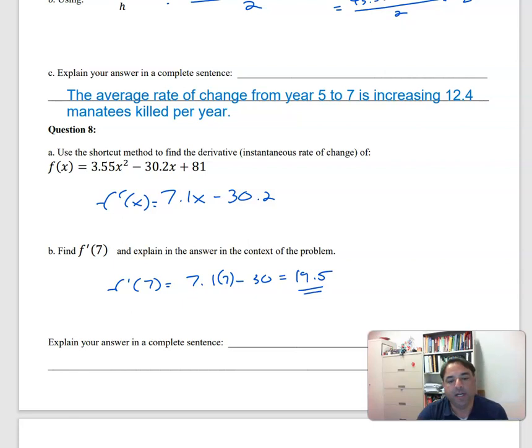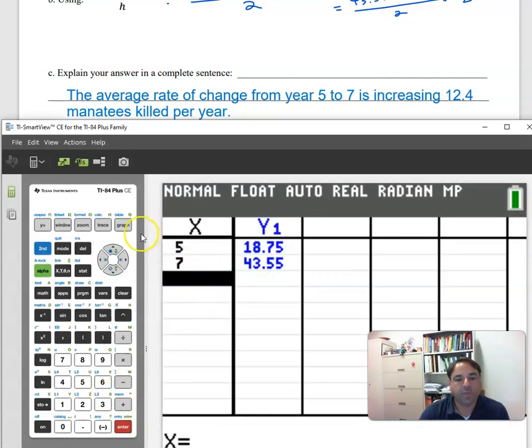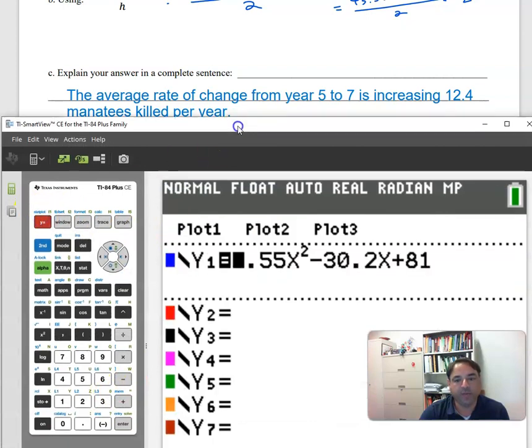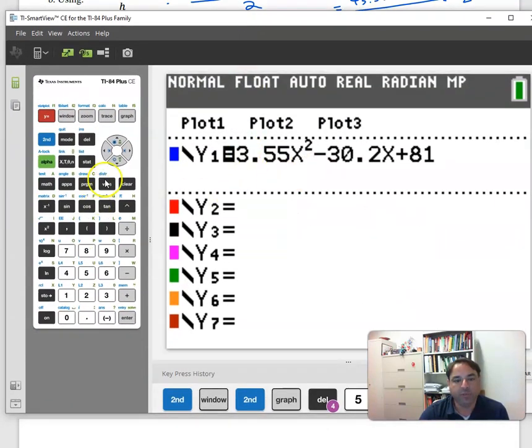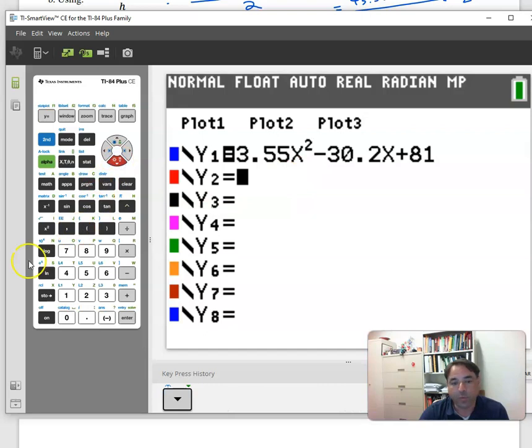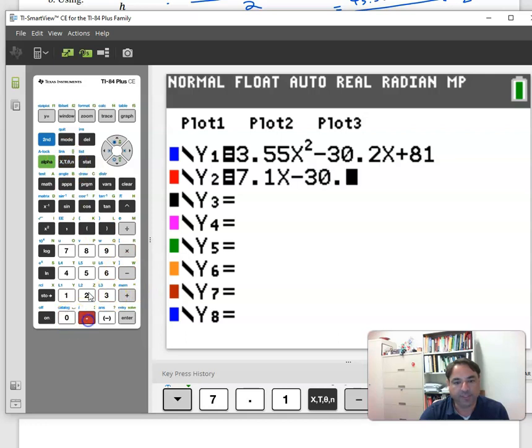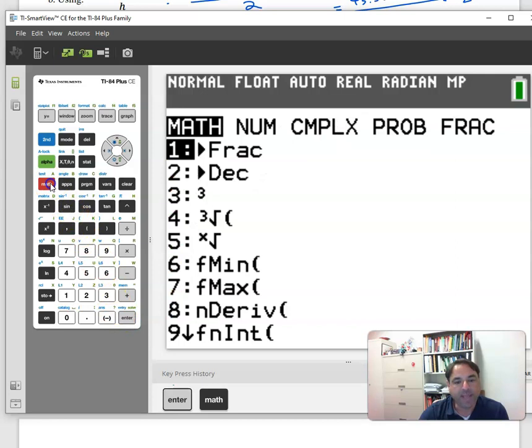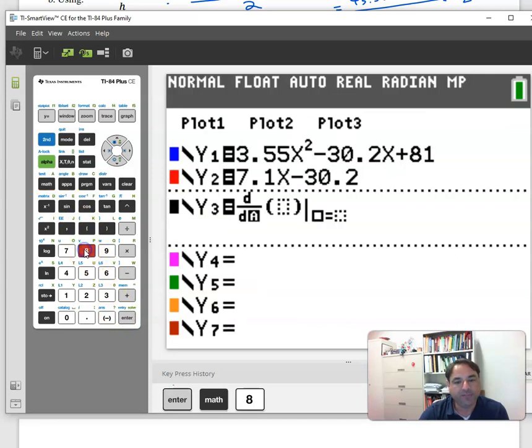So before we put it in, let's check it. The way to check it would be to go to your calculator, go to y equals. We have the original in y1. We have our derivative in y2, which is 7.1x minus 30.2. And then we can check that derivative in y3 by doing math, number 8 for derivative.